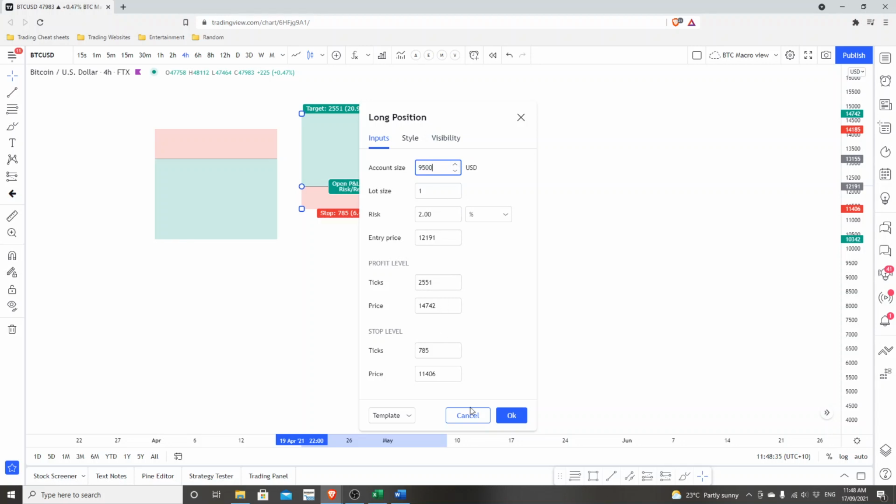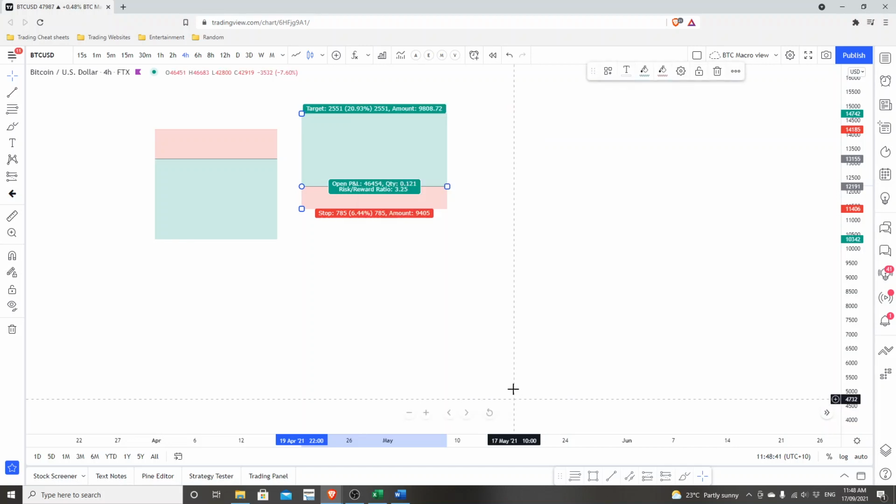So now you're only risking, on a 1% trade, $95 per trade. Okay, but on a daily time frame, you might only get a signal once a week or so, depending on what your strategy is. So you can afford to risk the 1%, 2% on that.